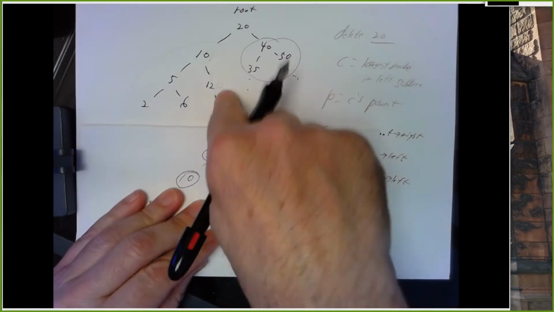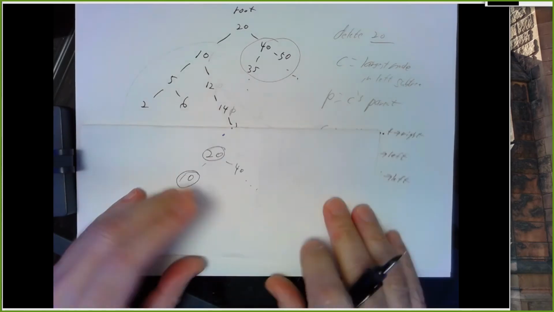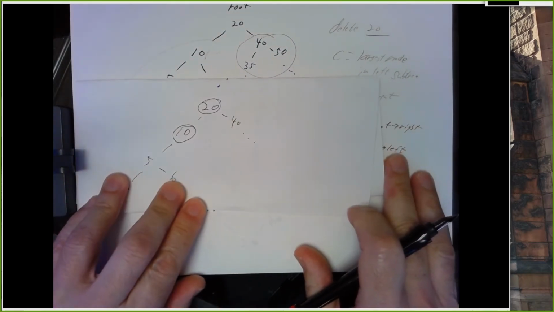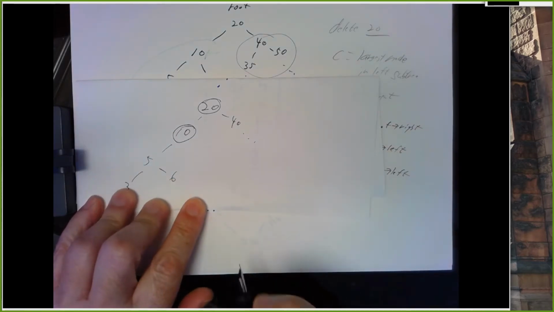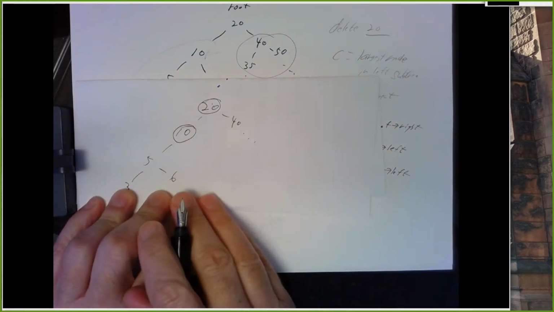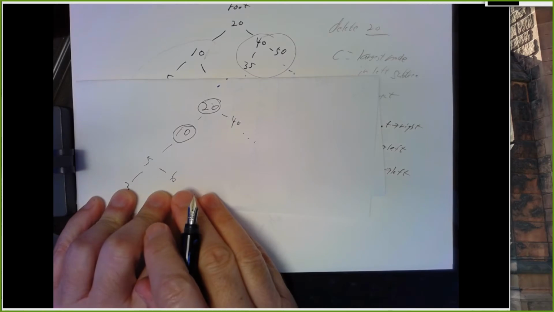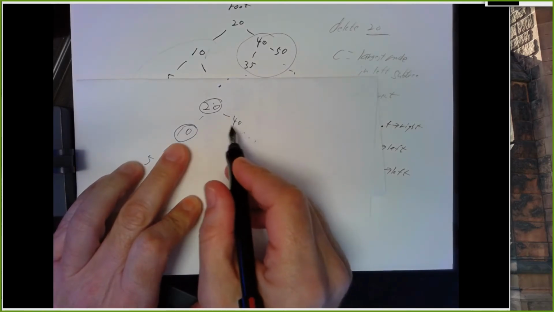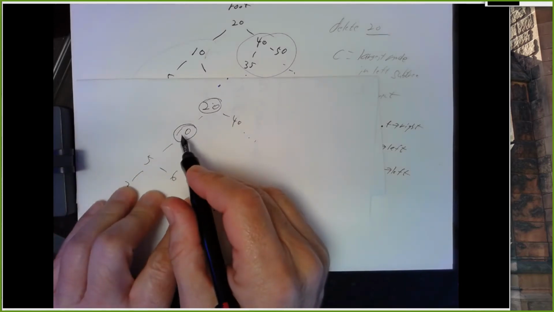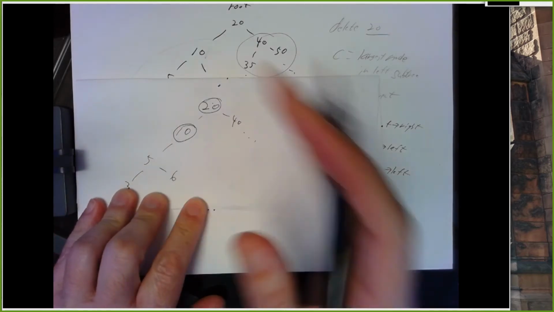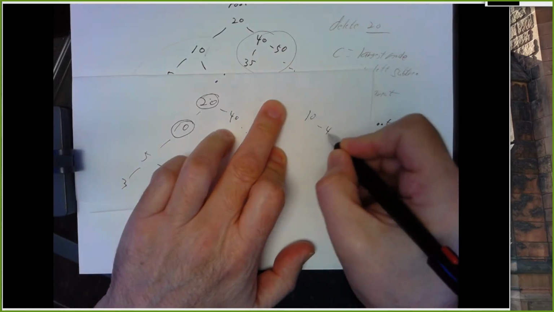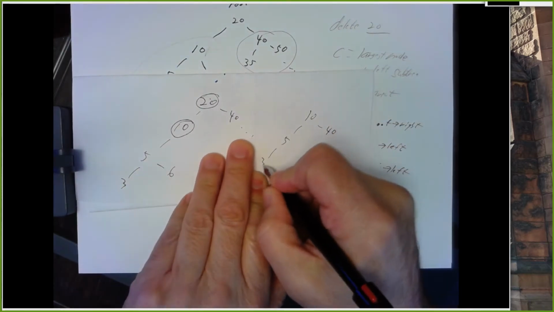Well, doing this business of previous current, and looking for the parent of 10, is not going to work. This is an extra case. But again, what we want to do here is take 10 and make that the new root. On its right, it's going to adopt the old right subtree of the root, and on the left, it's going to adopt the old left subtree. So this is going to turn into 10, 40, 5, 3, 6.